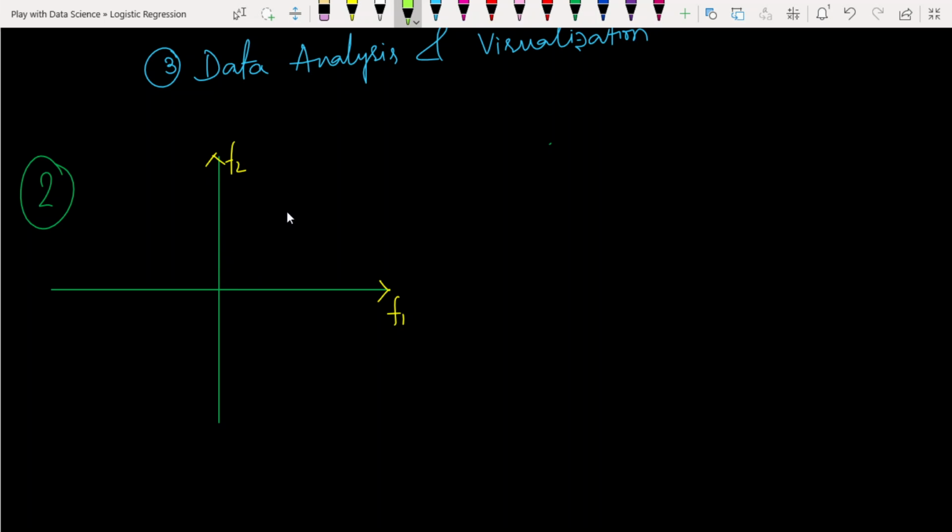Let's take one kind of data set here, and another kind of data set here. Now one kind of data set is over here, and another kind is here.